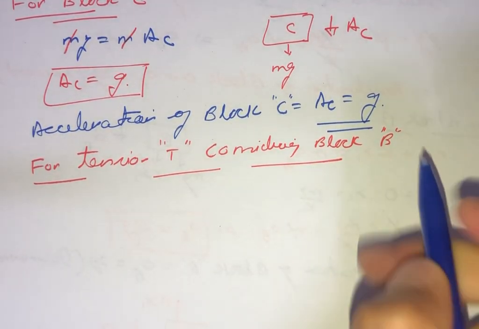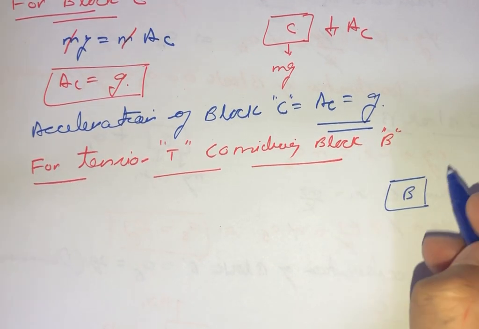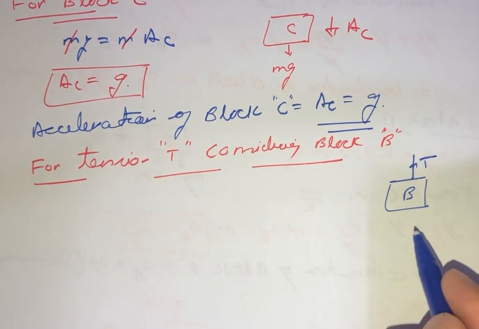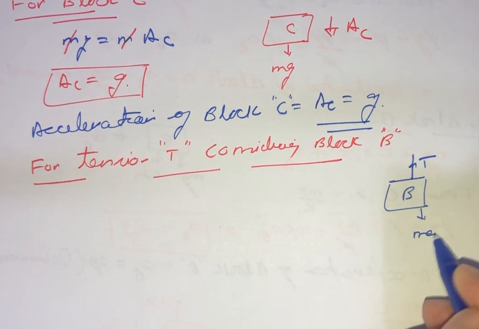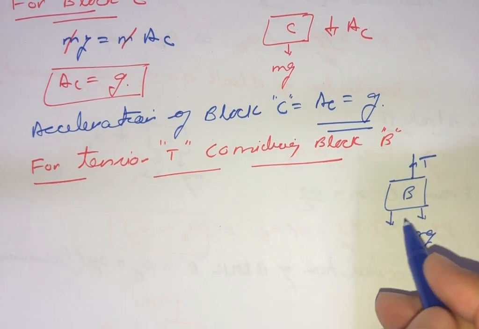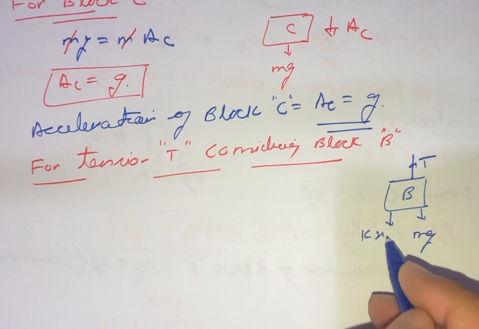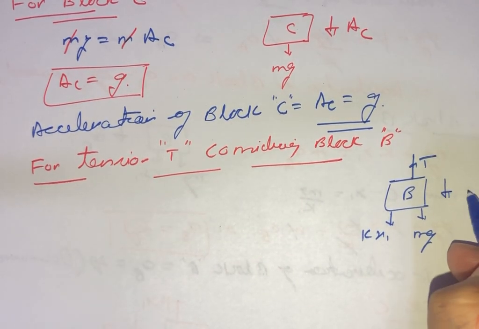So for block B, we see our block B. In the upward direction we are going to have tension T, and in the downward direction there will be the weight mg, and the spring force kx1. We already said that it is going to move in the downward direction with the acceleration aB.